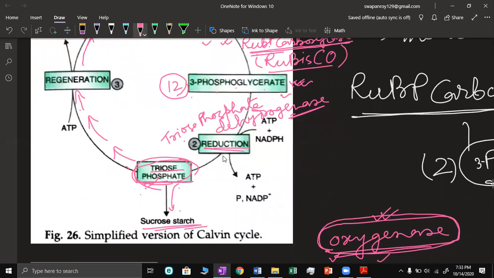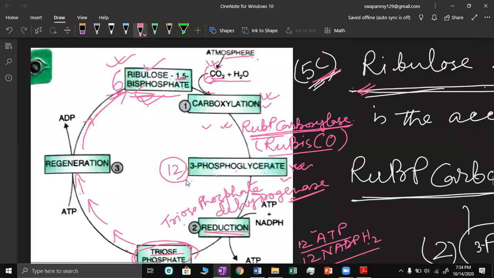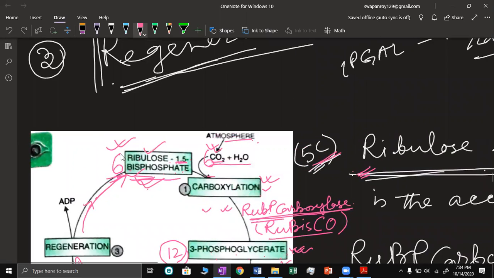And for these 12 molecules of phosphoglyceric acid to be reduced, 12 ATP molecules and 12 NADPH2 are required. Is it? So 12 ATP and 12 NADPH2. Then for the regeneration also, 6 molecules are regenerated.